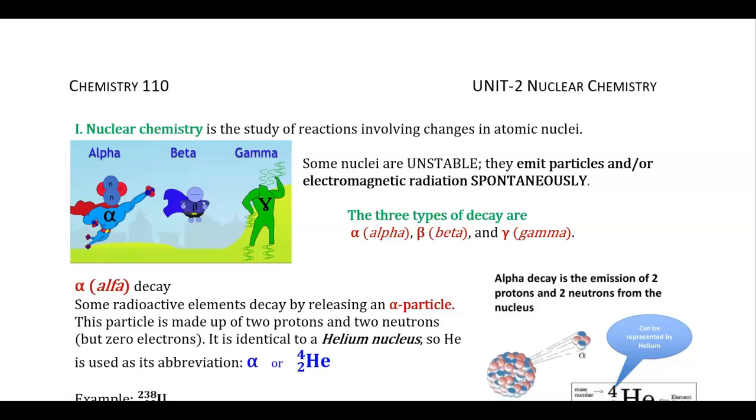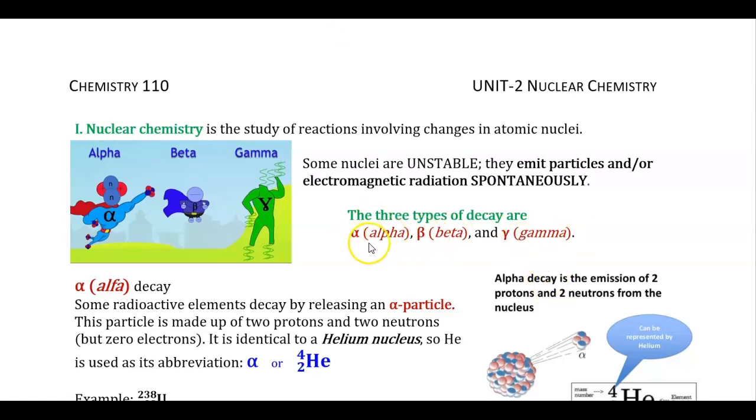It depends on what type of nucleus we have, and different types of nucleus can emit three types of radiation. So there are three types of decay: alpha decay, beta decay, and gamma decay.